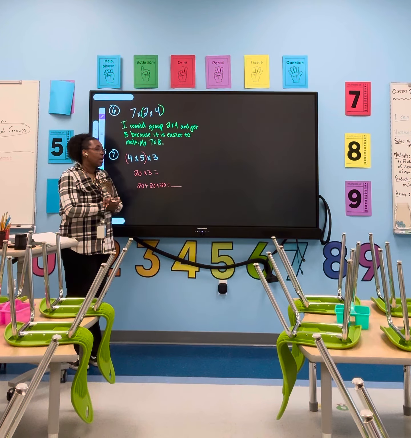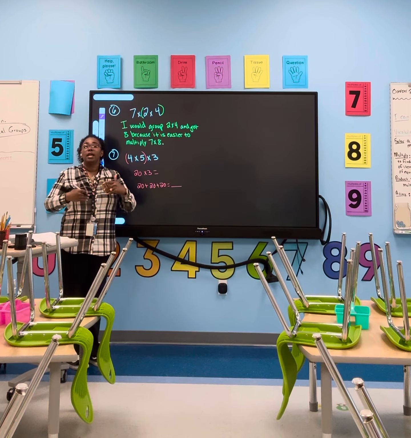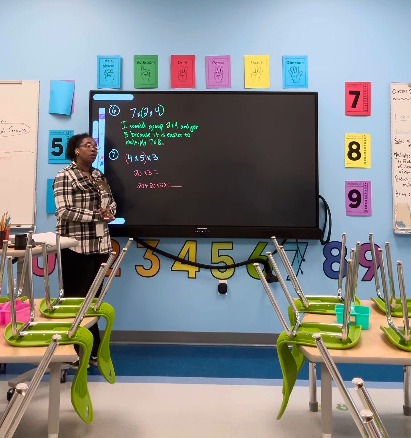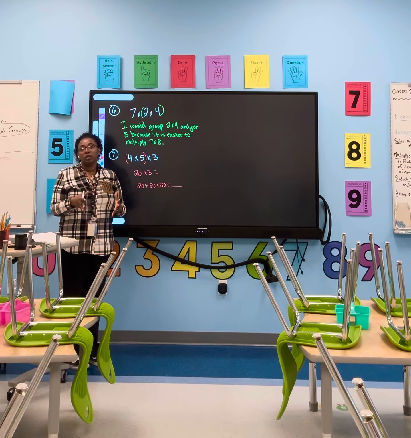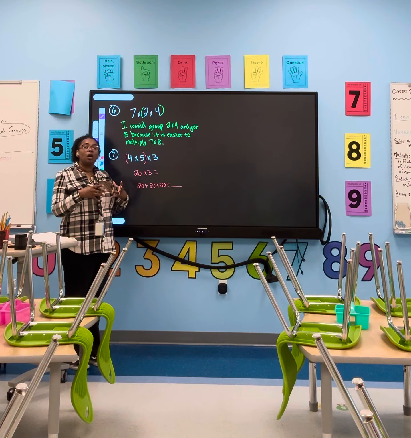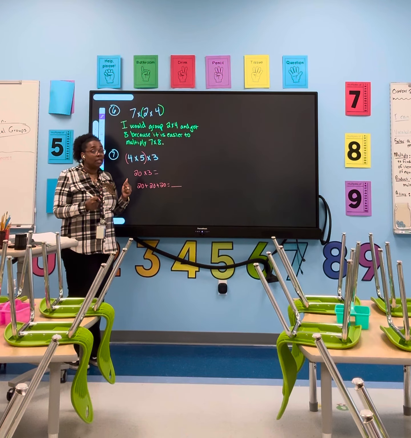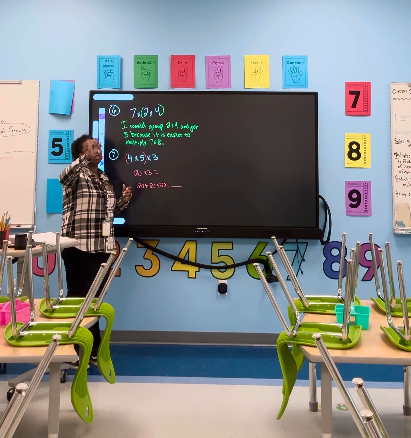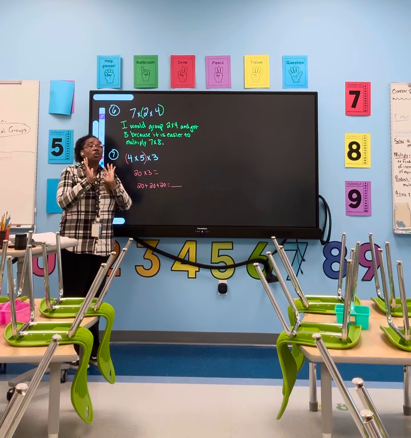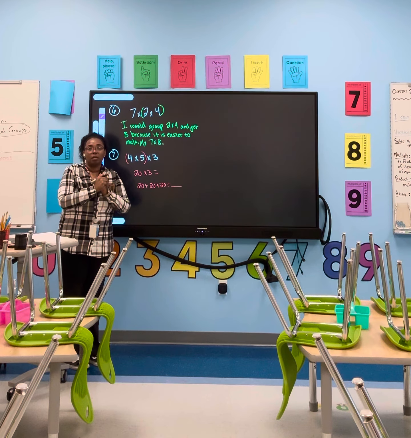Some of my kids said, well, I can skip count by 20, and some said, I can skip count by twos too. So there are many different ways we can figure this out. What we're going to do, I'm just going to go ahead and add it. But if you are one of those mathematicians that likes to think outside the box, go right ahead. I love thinking outside the box.